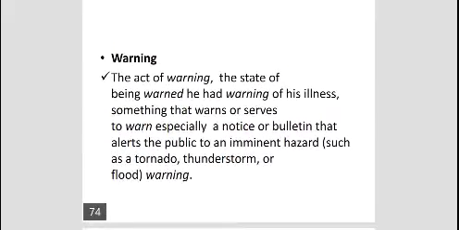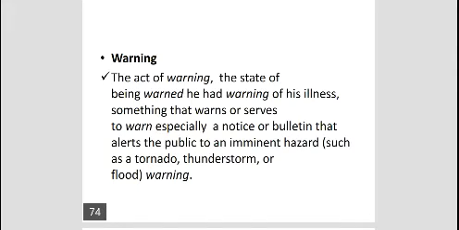Warning. The act of warning, for example, he had a warning of his illness, something that warns us, especially a notice or bulletin that alerts the public to an imminent hazard such as a tornado, thunderstorm, or flood.